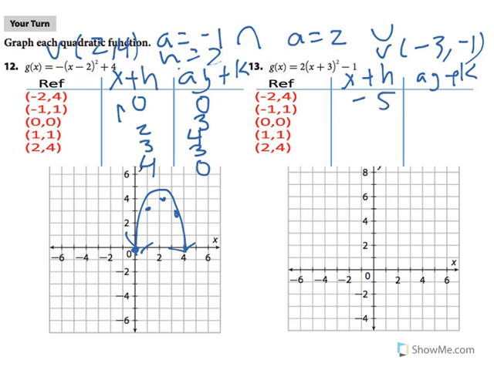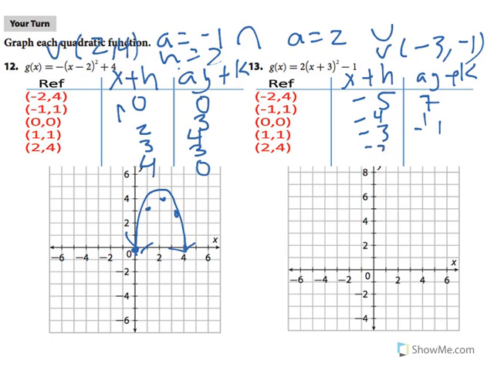And 4 times 2 is 8, minus 1 gives us a 7. Negative 1 and negative 3 give us a negative 4. 1 times 2 is 2, minus 1 is 1. And this is negative 3, negative 1 is the vertex.